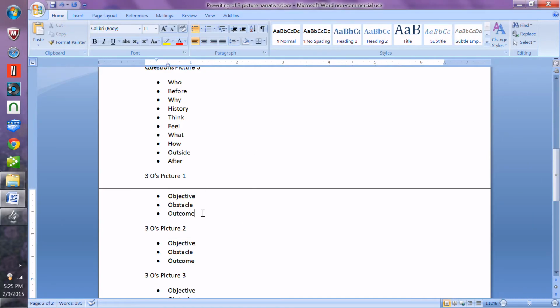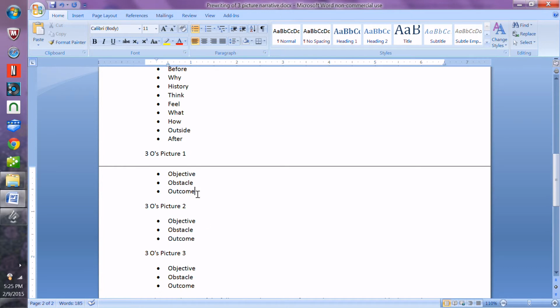And then your outcome. You can't answer it for picture 1 and picture 2 in the same way you're going to answer it in picture 3, but your outcome is, let's say he has something that's causing him to have shaky hands from an accident.